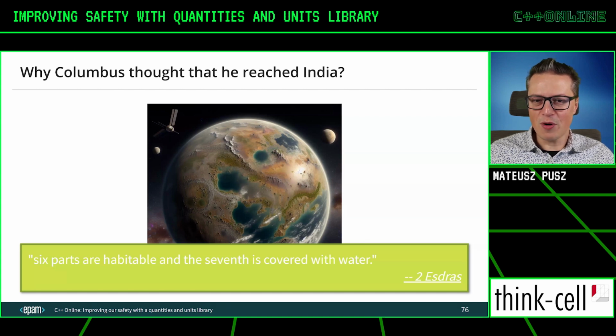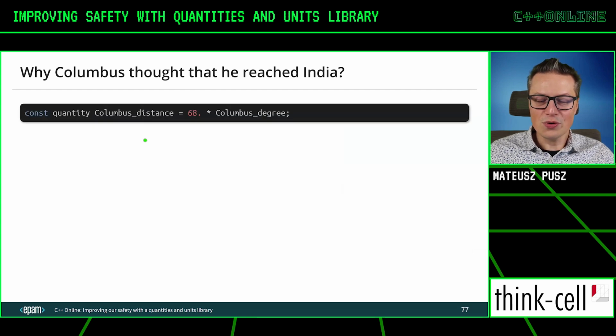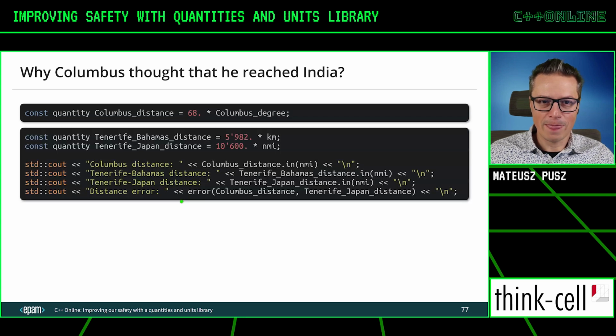So he thought that most of the globe is land, and only a small part of it is water, which is not the case as we know it today. Right? So Columbus estimated that he has to travel only 68 degrees west from Europe to get to India, or to Japan. This is not the case.